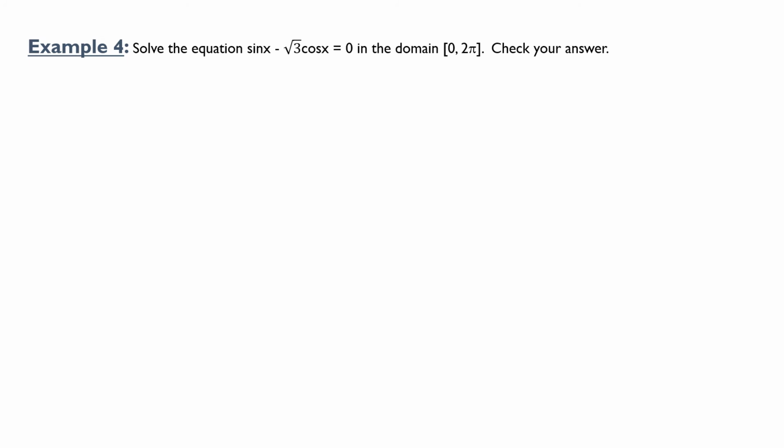Let me start off by bringing this piece over to this side, and we'll have sine x equals root 3 times cos x. You remember what we did there? We divided both sides by cos x. I said before you normally can't divide by a function, but in this case it's unique because sine x over cos x is the same as tan x.